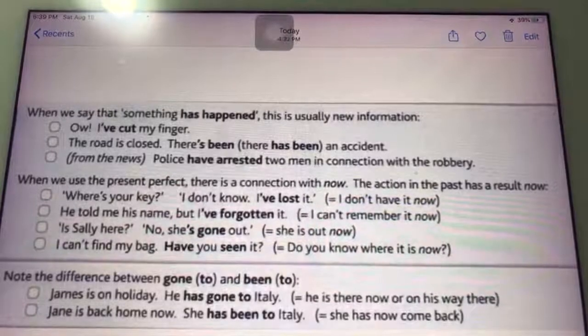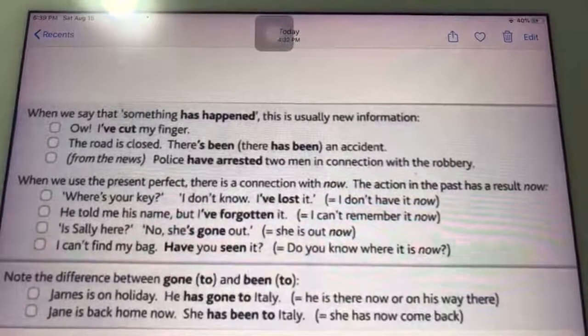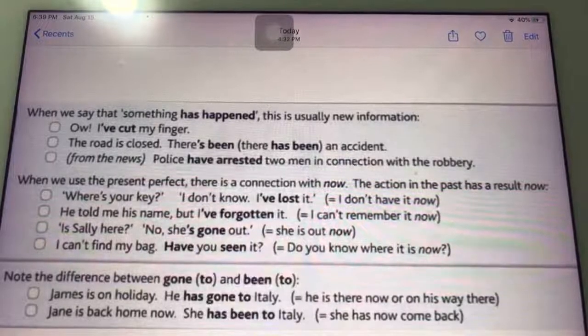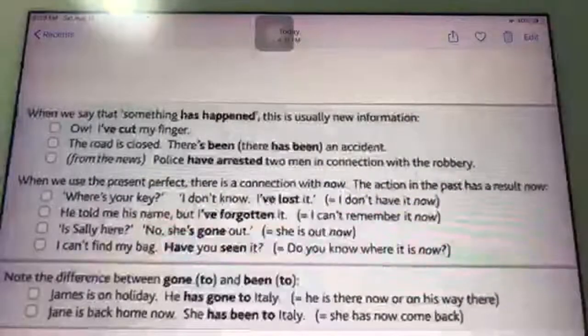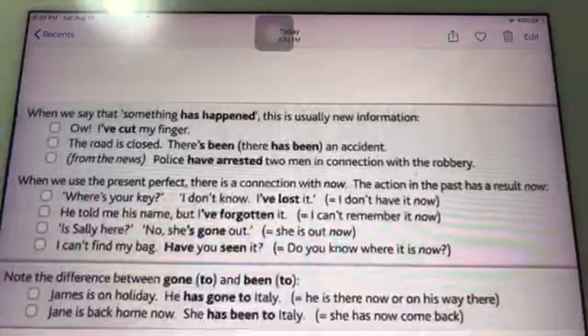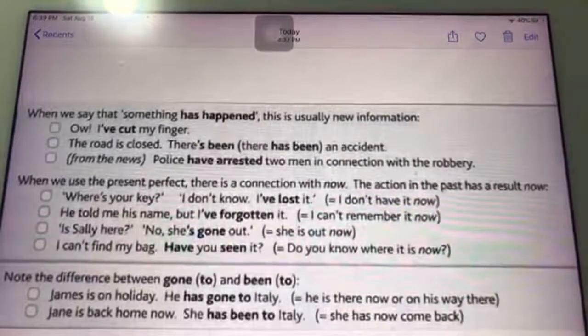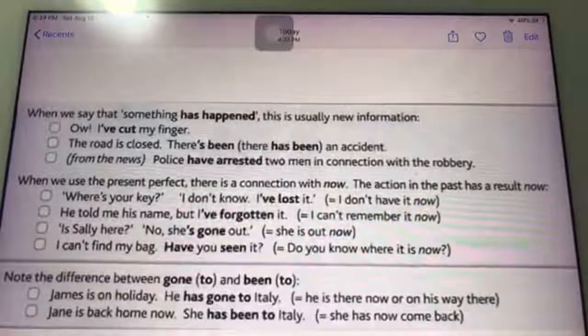Example. Use the form has plus verb, kakubunshi.